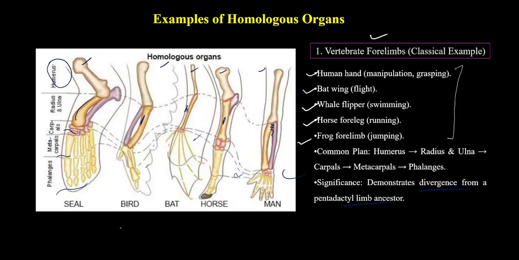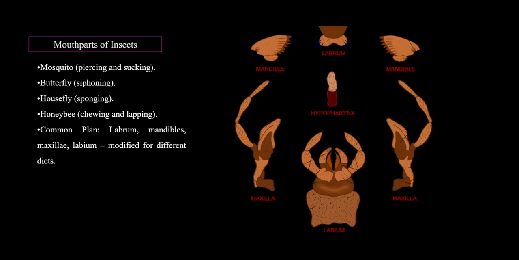Clear? Then the mouth parts of insects like mosquito, butterfly, housefly, and honeybee all have a common structural plan, but they have different functions, right?